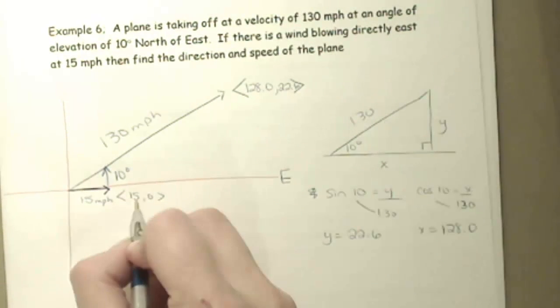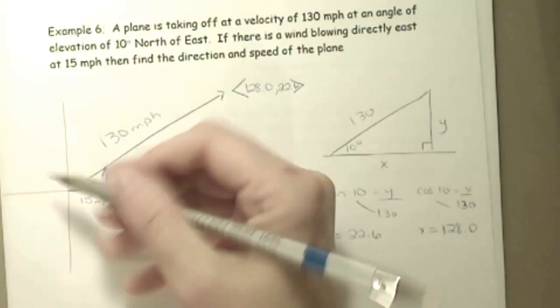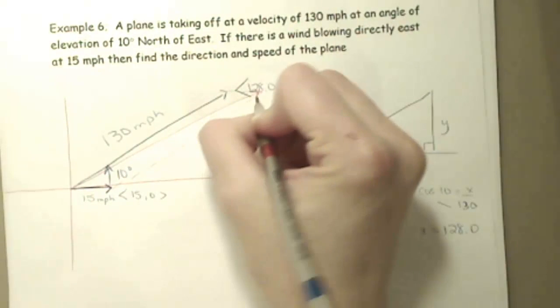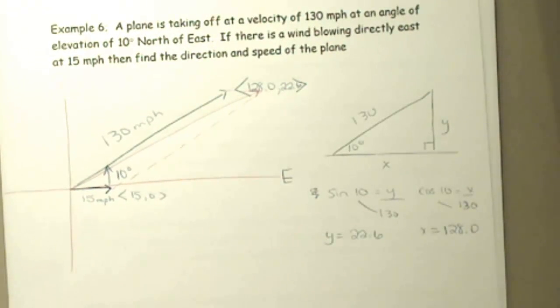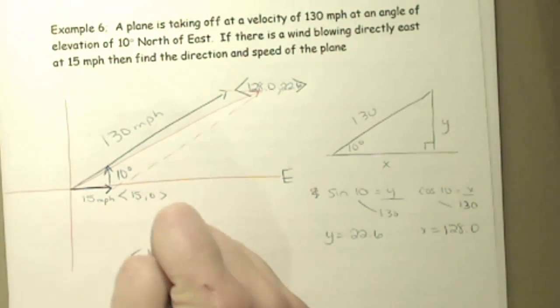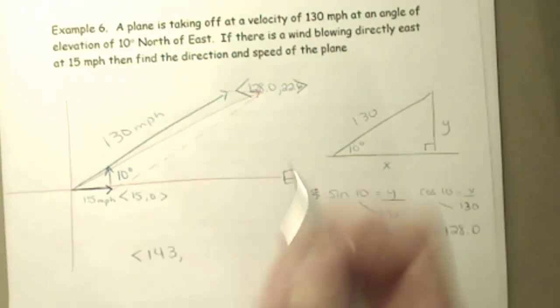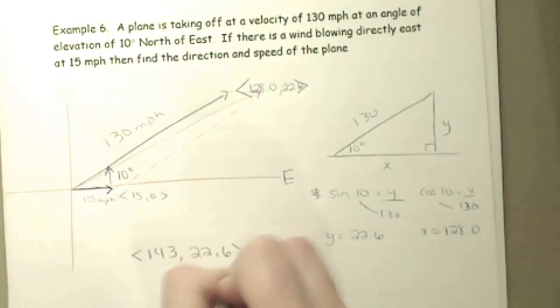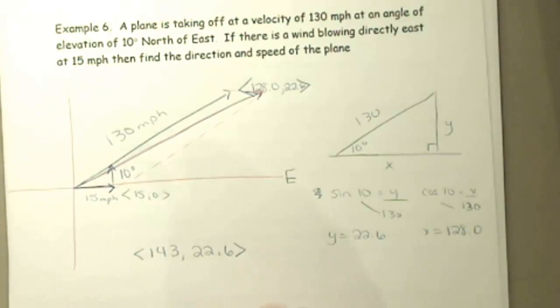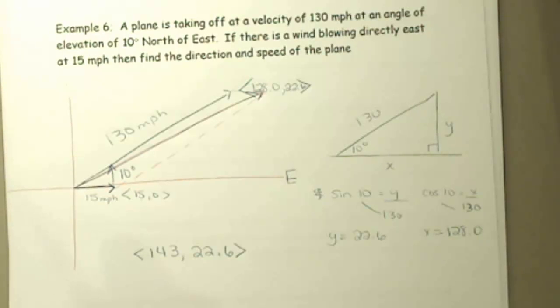So now that I know the component form of both vectors, I can add them together to get the component form of the resultant vector, which is going to be 128 plus 15, which is 143, comma 22.6 plus 0, which is 22.6. So that is the component form of the resultant vector: 143, comma 22.6.